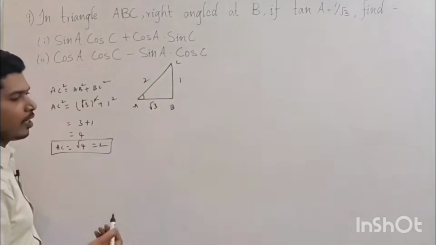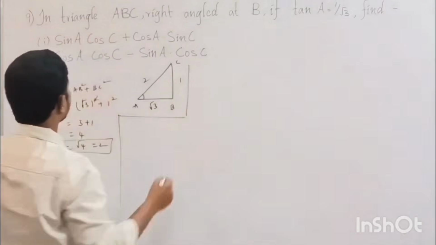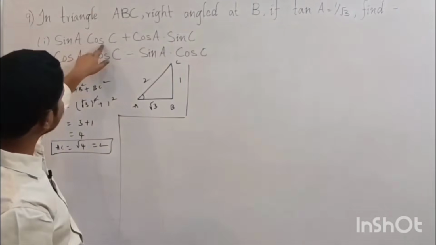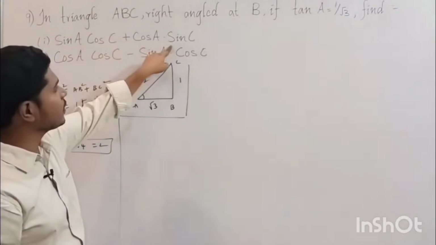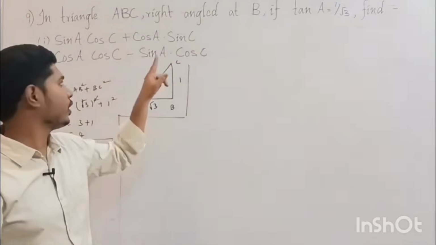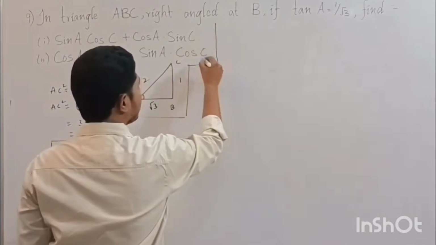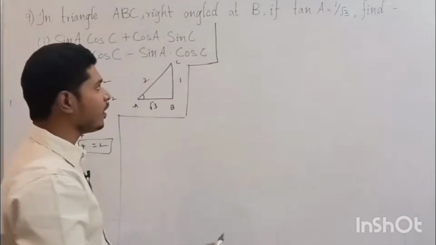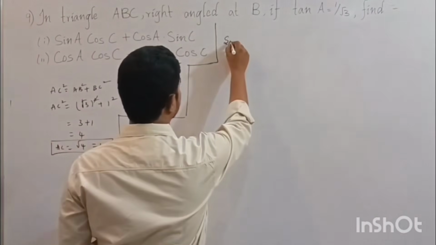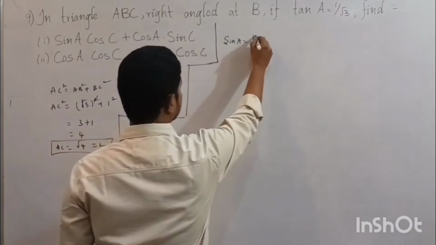For our convenience, see, in this question they have given sin A, cos C, cos A, sin C. Again, cos A, cos C, sin A, cos C. For our convenience, I will find individually what is sin A. Sin A is equal to 1 by 2.